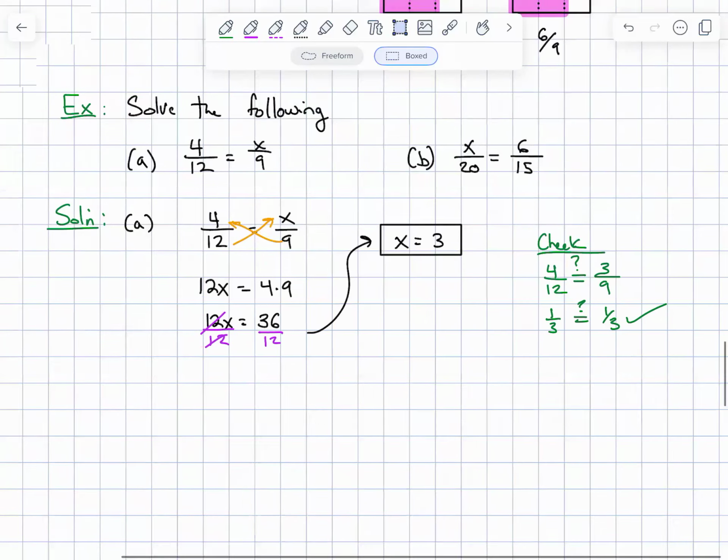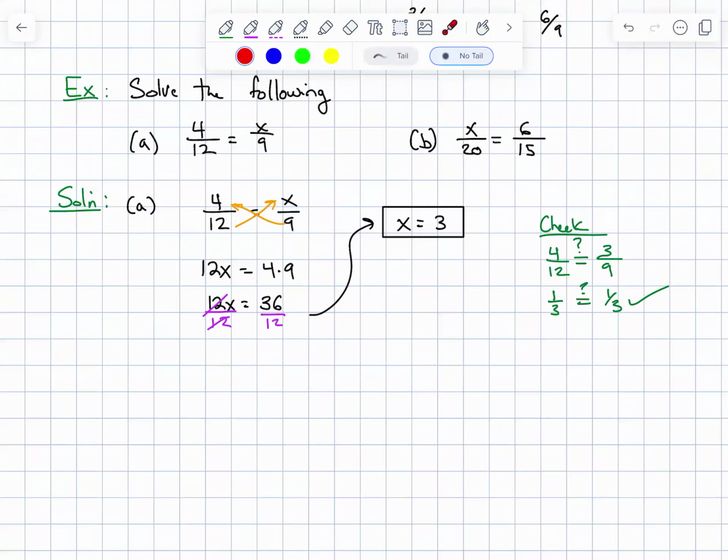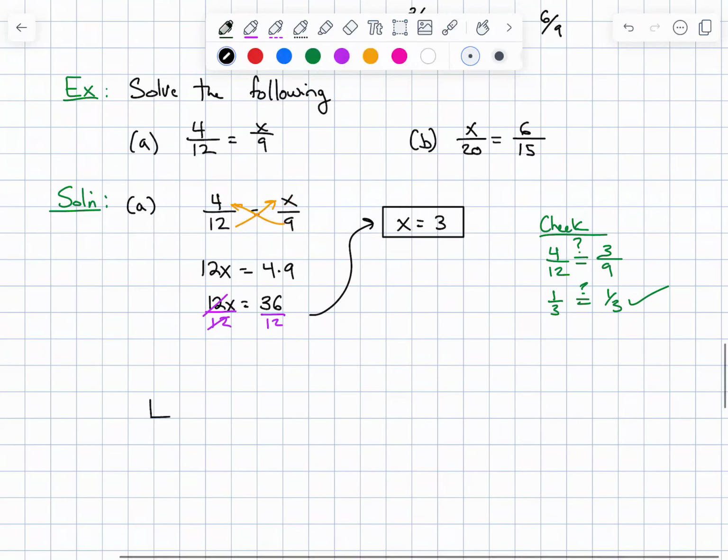Well, there's a reason why it works. The reason why we can just magically multiply these two numbers together and these two numbers together all stems from this fact. So 4 over 12 equals x over 9. You don't have to write this down. But the reason I want to spend a little moment on this is that equations are a very important thing, and they have big rules about them.